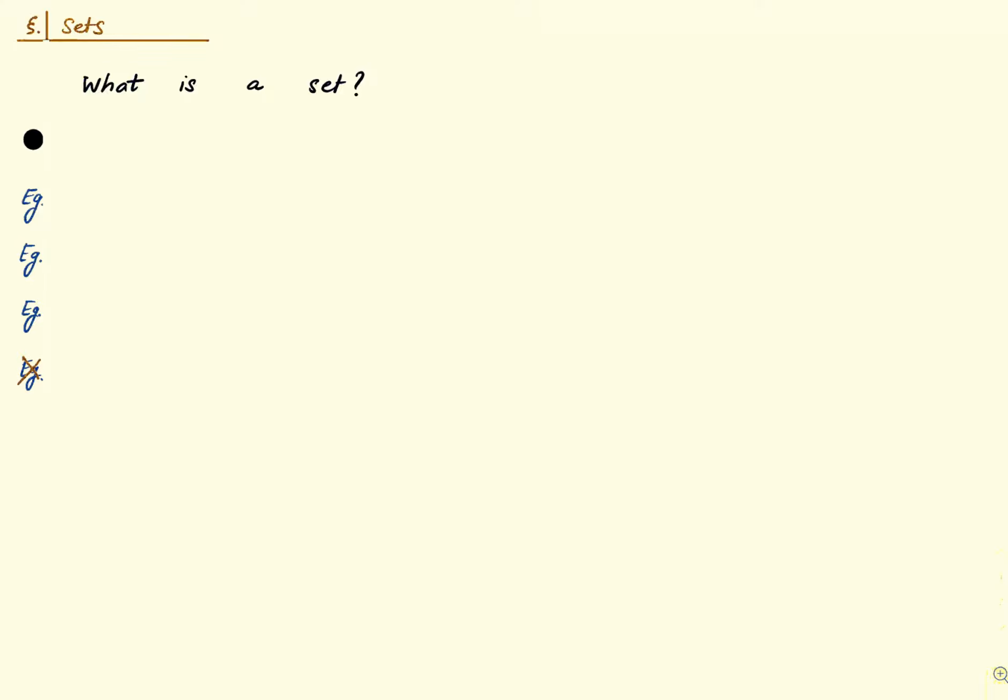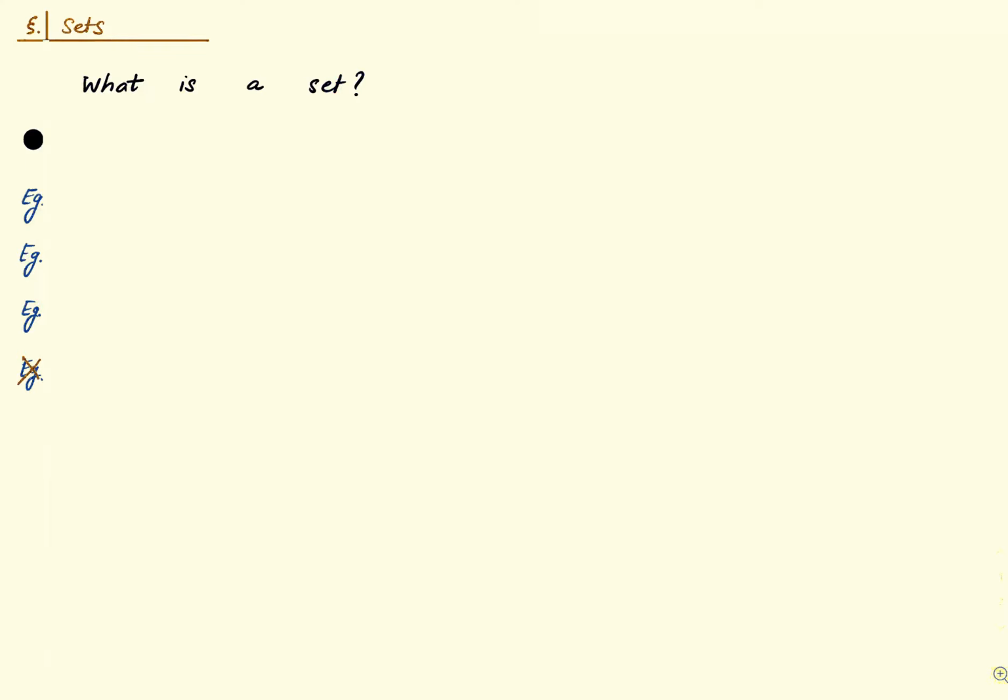What is a set? I don't know. I don't think I can properly define a set. And the proper definition will be discussed in a book on formal set theory, and I discourage you from getting into it.